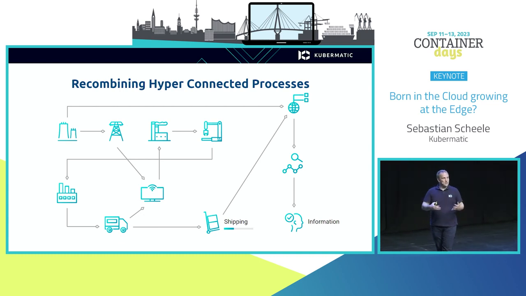And all of this gets connected more and more together. But the challenge now is, how do we provision and leverage the same software development skills, the same infrastructure, and the same way we do it in the cloud, also in these areas?